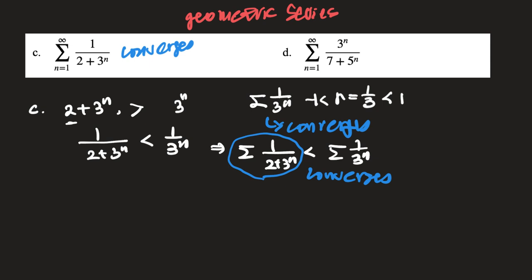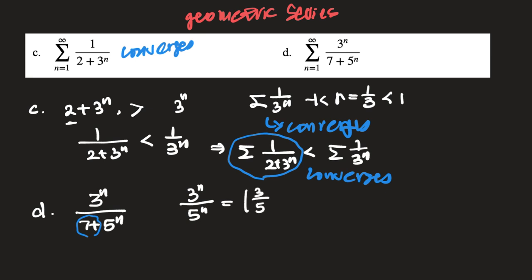Let's do another one right here, guys. This series is going to be 3 to the n over 7 plus 5 to the n. So this one is compared to something else. The problem is going to be this number. So I want to compare with 3 to the n over 5 to the n. Rewrite it as 3 over 5 to the n. The ratio is 3 over 5, between 1 and -1, so this series converges.